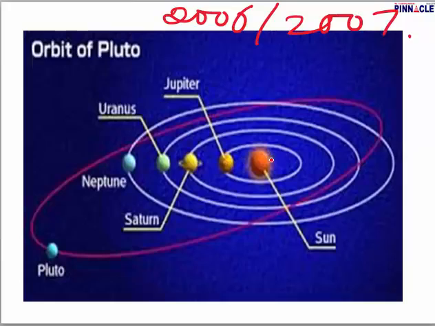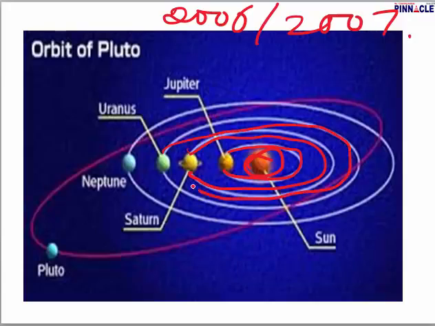See, this is the sun in the center, and here we have taken all the 4 outer planets: Jupiter, Saturn, Uranus and Neptune, and this is Pluto here. Now all these 4, this is Jupiter, this is its orbit, this is Saturn, this is the orbit, this is Uranus, this is the orbit as you can see, this is Neptune, this is the orbit. Each of them has their own independent orbit, and they are not cutting through the orbit of any other planet.